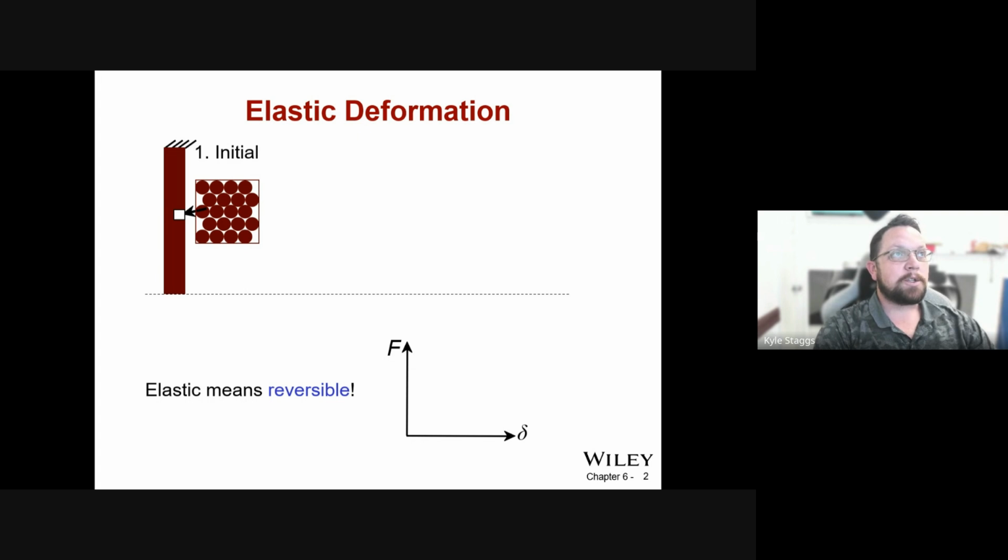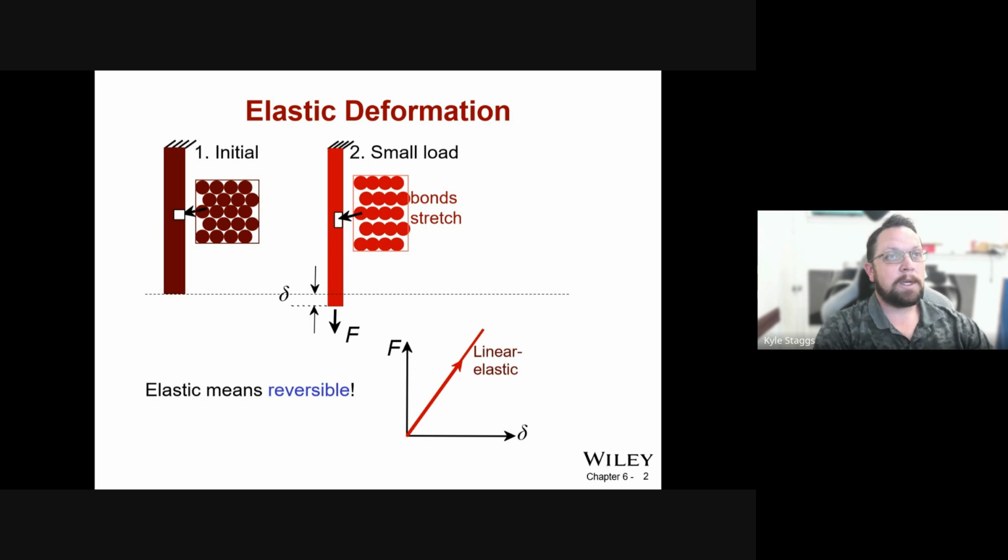You start out with the initial stack of atoms here on the left. What then happens is you start applying an external force. That force in this case is in tension, so it's trying to pull this thing apart.